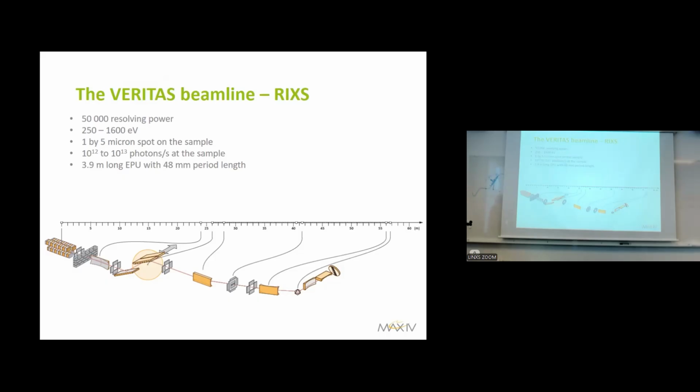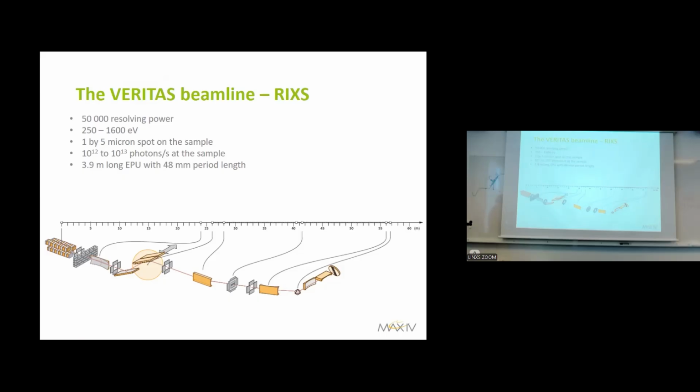What we have on the sample is a 1 by 5 micron spot. I think the best measured is even 0.8. So we have that in the bag. 10^12 to 10^13 photons per second at the sample at the wavelength you want. That also seems that we have.